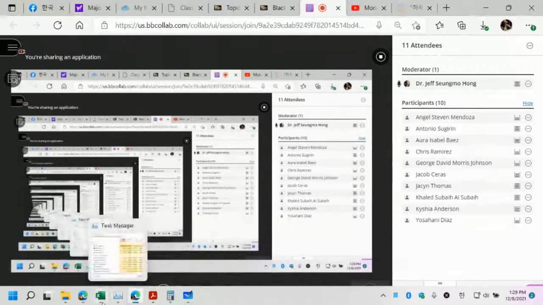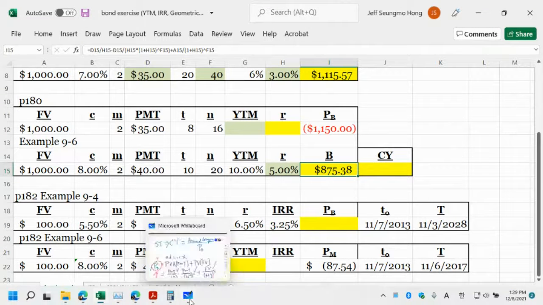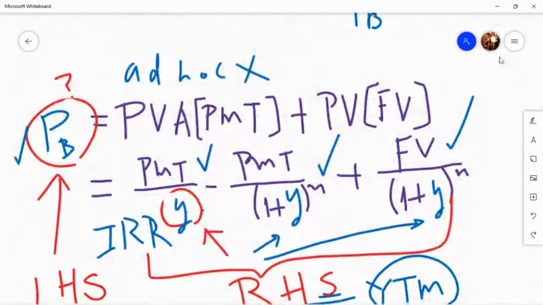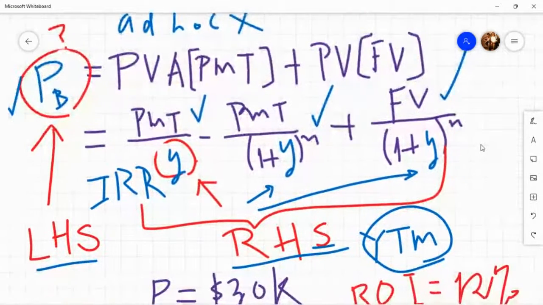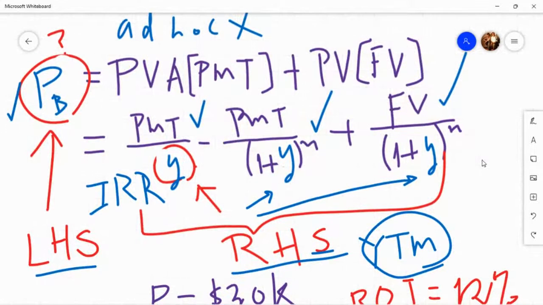You're good then. And then let's take a look at another, part B. What is the current yield? Now, so here's the thing. Yield to maturity, maybe I talked about it in this class or another class, but here's the mathematical definition of yield to maturity.